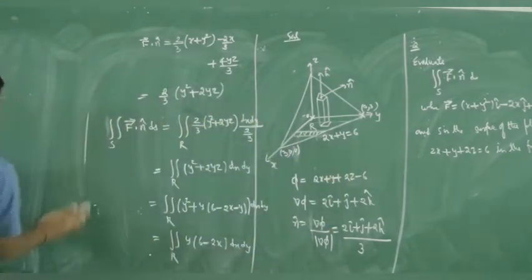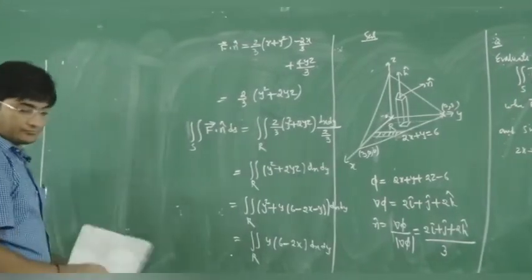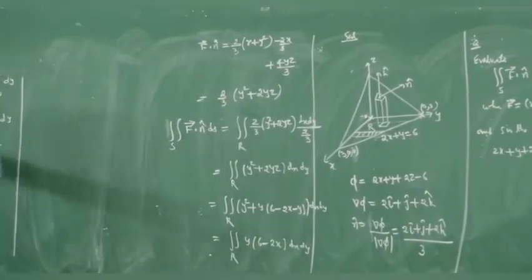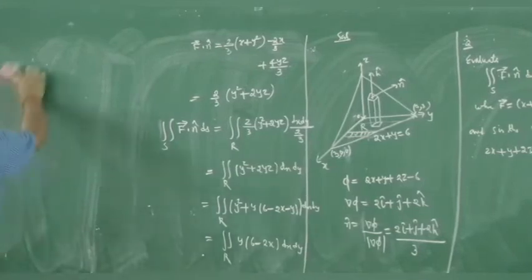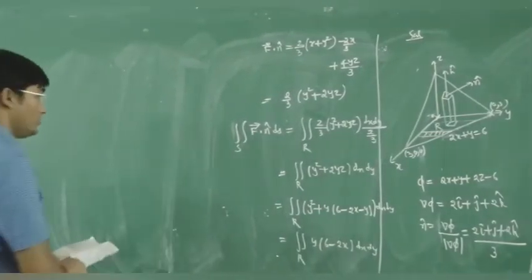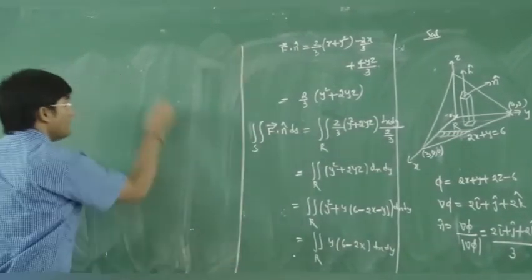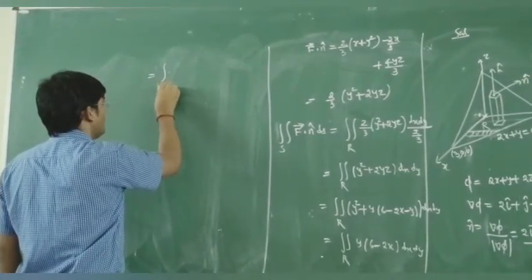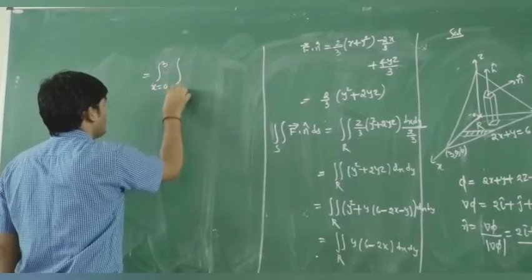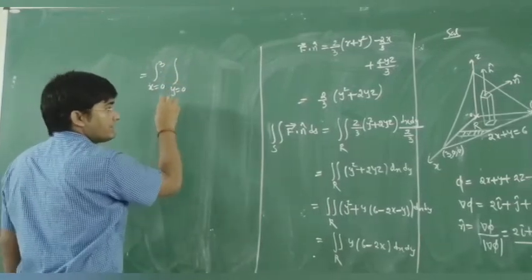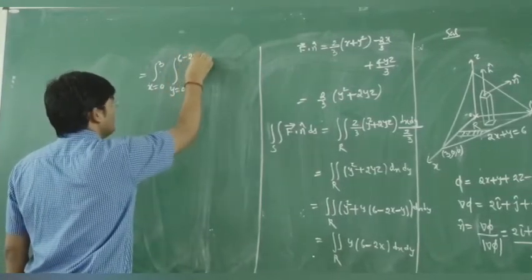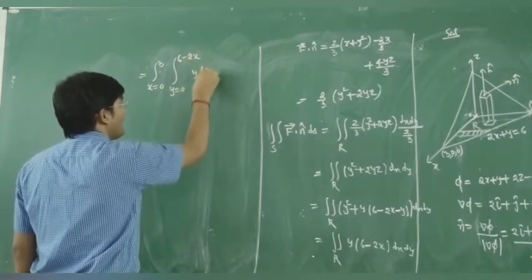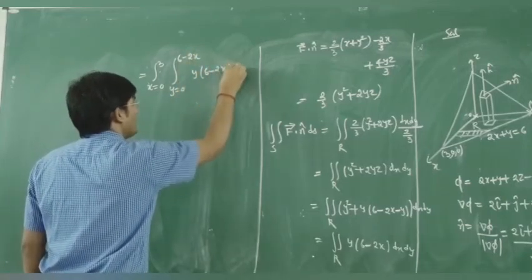So this double integral is equal to the integral with x from 0 to 3, y from 0 to 6 minus 2x, of y into 6 minus 2x dx dy.